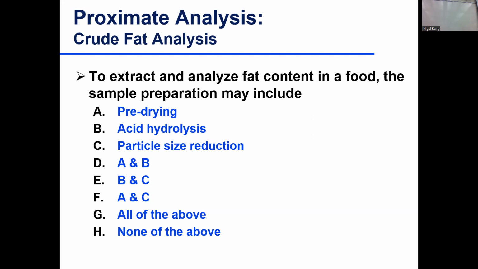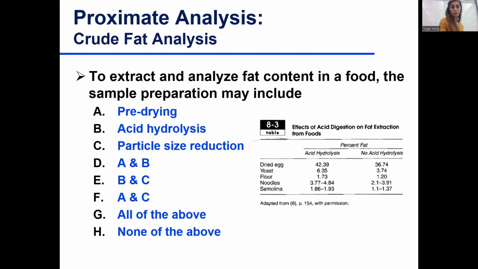So when you have smaller particles, the surface you provide for solvent to extract fat is more. So you will have a more efficient fat extraction, or better to say, fat analysis or fat content measure. So all of the above, yes.